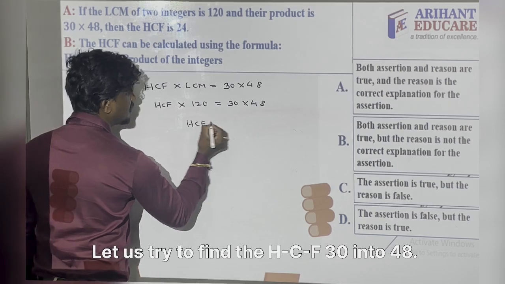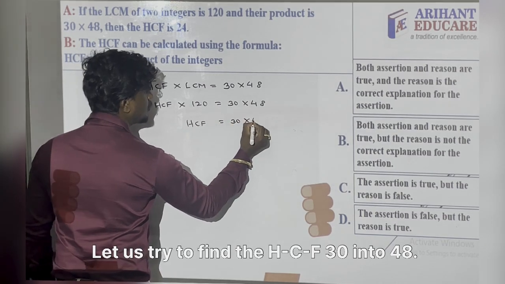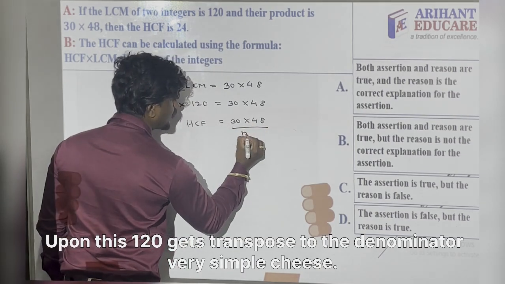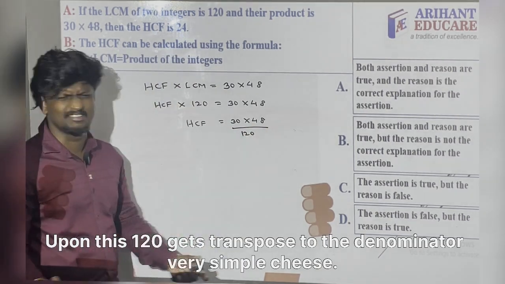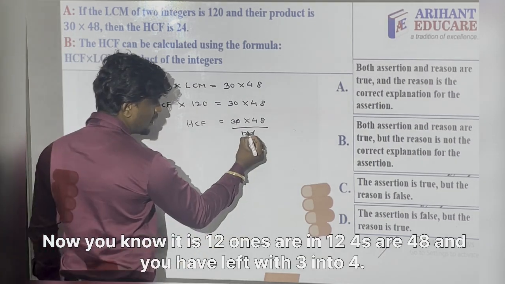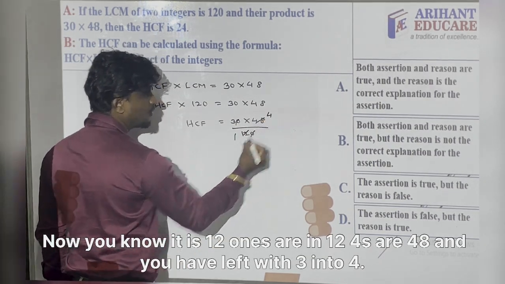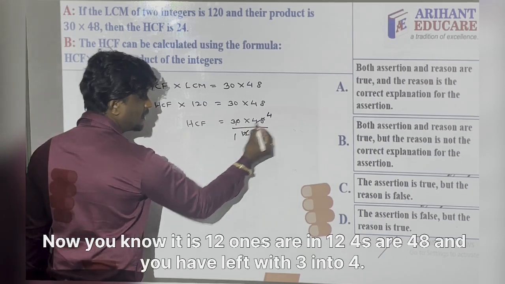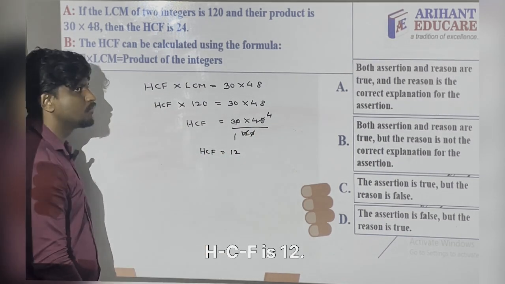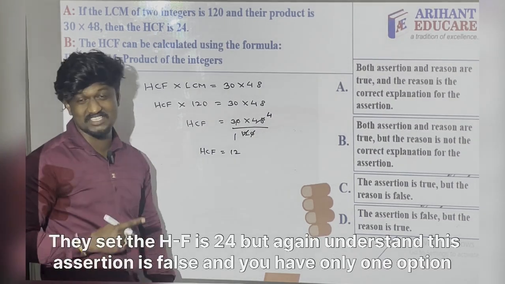Let's try to find the HCF. 30 into 48. I'm not multiplying because I know I have to cancel this out, right? Upon this, 120 gets transposed to the denominator. Very simple. Let's first cut the zeros. Now, 12 ones are 12 and 12 fours are 48. And you're left with 3 into 4. What is 3 into 4? HCF is 12. Ooh. They said the HCF is 24.